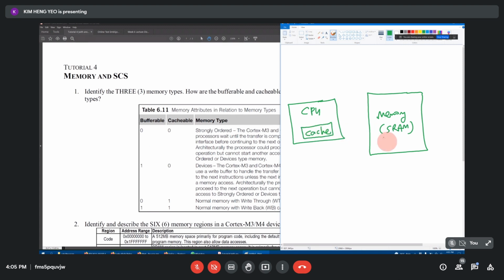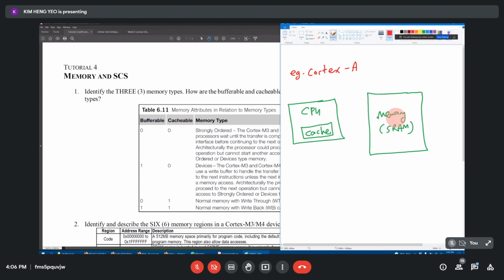Now, your processor wants to access memory, but memory is slower than the processor. I'm talking about, for example, Cortex-A, where the processor can be a few times faster than your memory, with clock speeds of a few hundred megahertz.